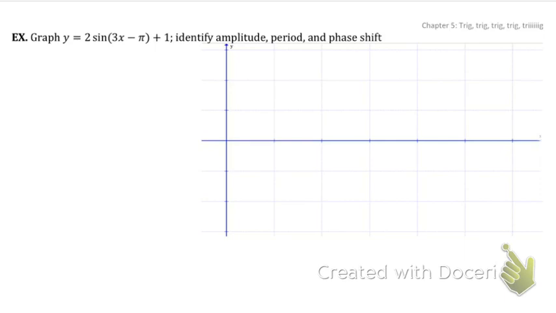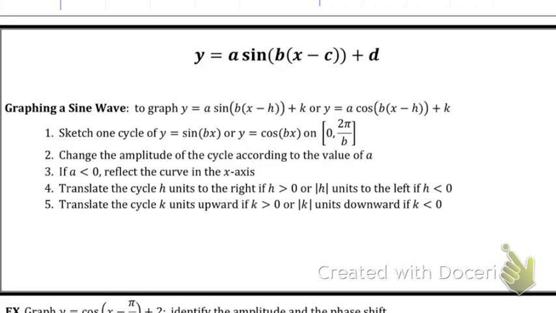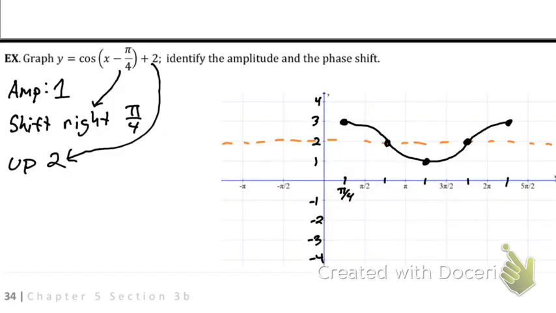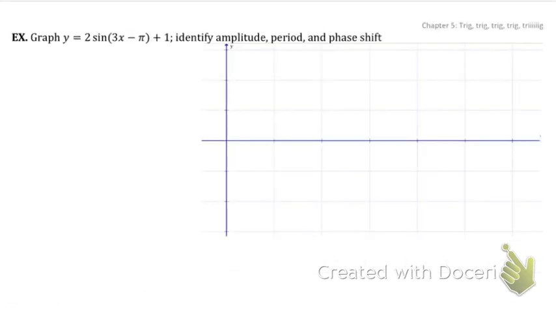Why this is a special case is because if I look at this, in order for C to be a shift, it has to be x minus C isolated. X minus C has to be isolated. Right now, x minus pi is not isolated because it's actually 3x minus pi.